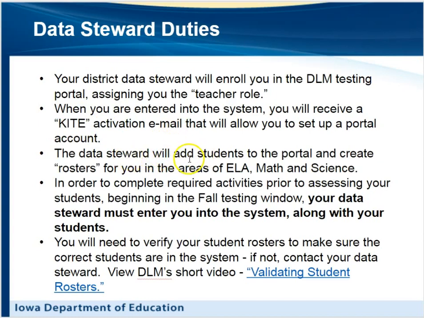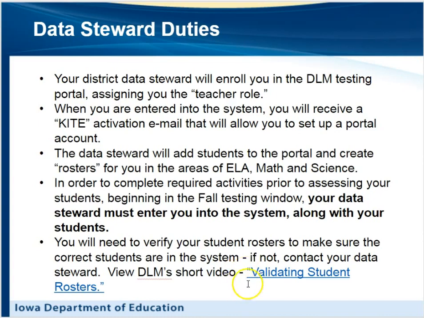The data steward will also add your students and create rosters for you for all of the content areas, whether it be ELA, math, or science. And it's very critical that your data steward get these things done early in the fall, because you will not be able to do your necessary testing activities until you're in the system and your students are on rosters.